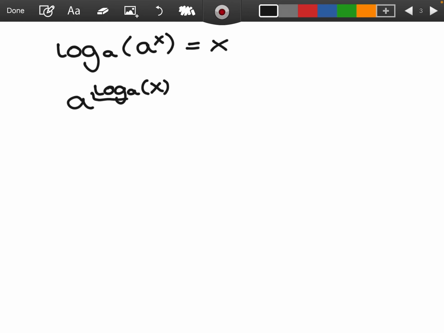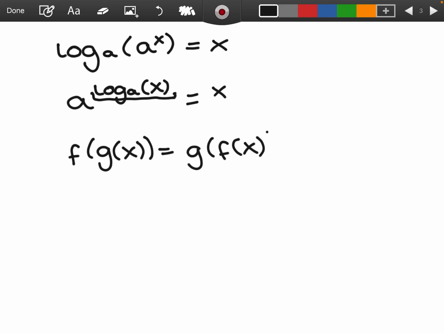If I take a to the power log base a of x, log base a of x is asking me what power do I need to raise a to get x. And I'm then raising a to that power. So if I've basically asked what power I need to raise a to get x, and then raised a to that power, I must have x.